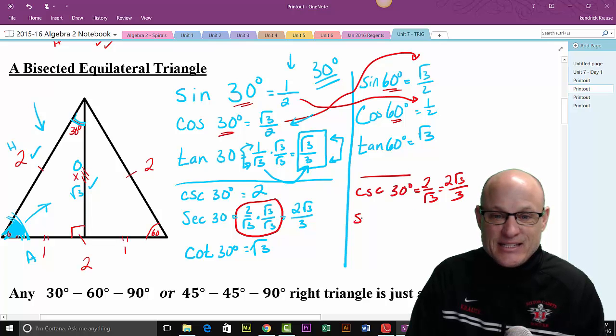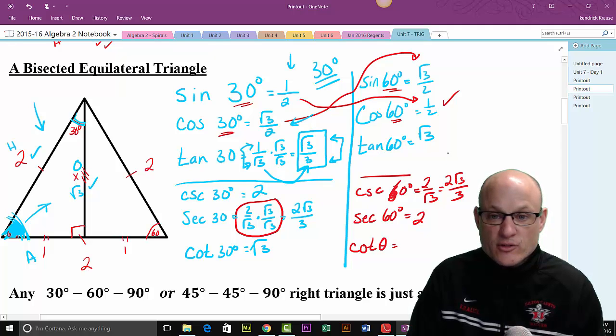And secant of 60 degrees is the reciprocal of cosine, which is just 2. And cotangent theta is just the reciprocal of tangent, which is really just square root of 3 over 3. And we should say of 60 degrees.